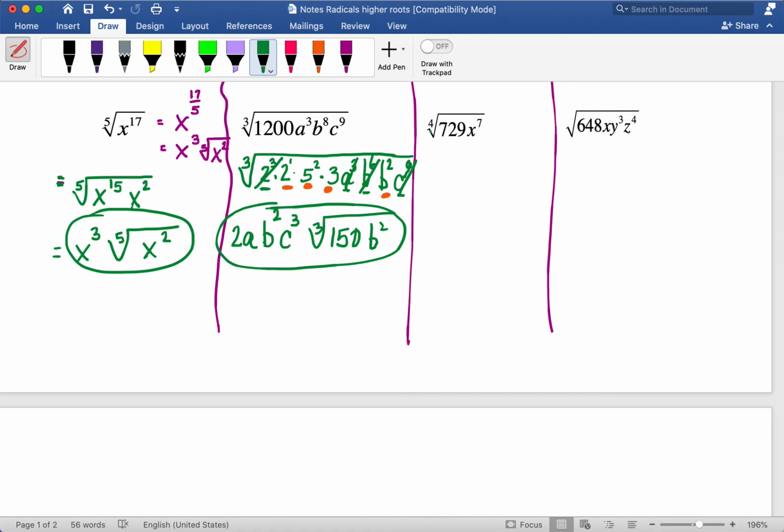Divide by 3 again. I get 81. Divide by 3 again. I get 27. So far, I divided it by 3 times and got 27. But guess what? 27 is divisible by 3 again.